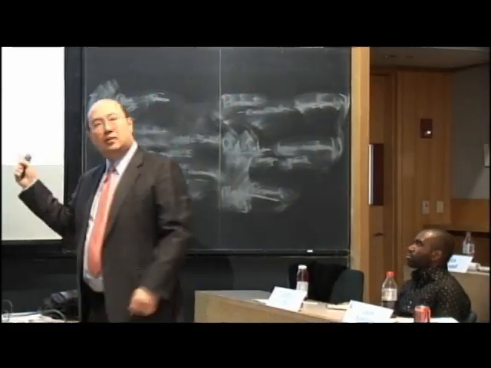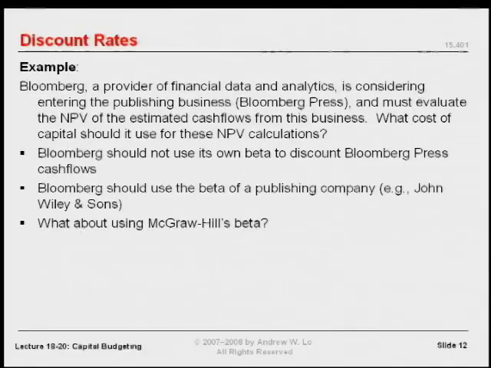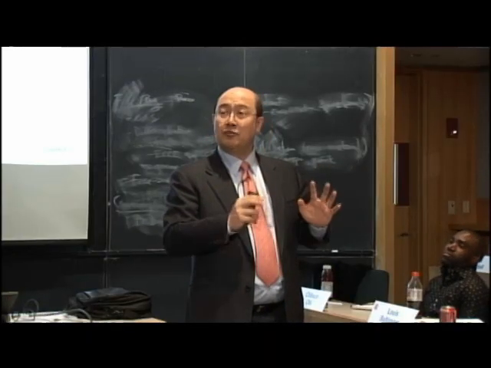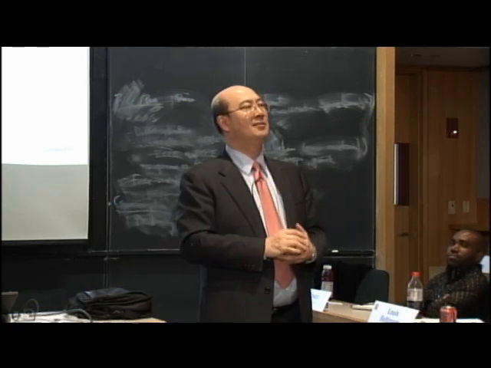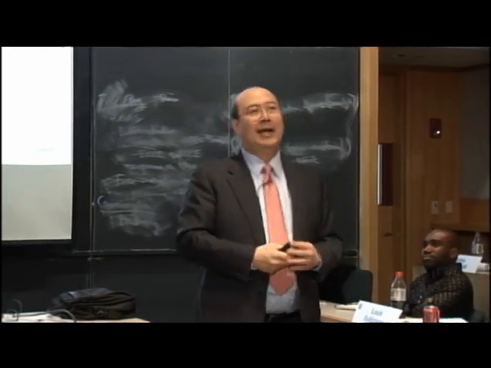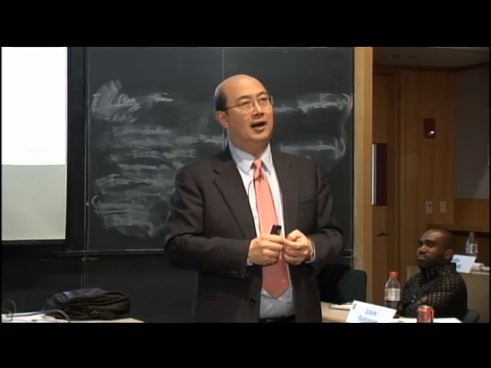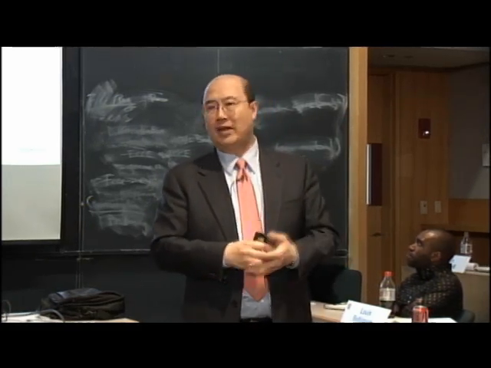An example is something that happened just a couple of years ago. I don't know how many of you realize, but Bloomberg, you know, the maker of those nice terminals that everybody uses, Bloomberg has actually a publishing company. Yeah, that's right. There's a Bloomberg Business Press. They publish books. And this particular business just got launched a couple of years ago. They already have a whole bunch of books.